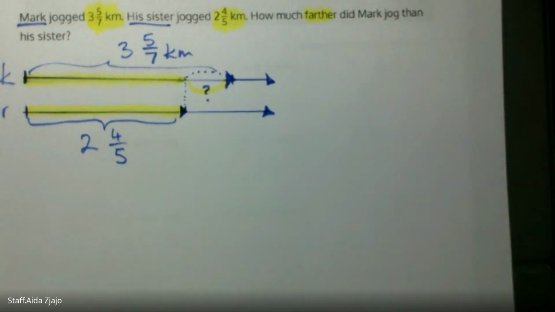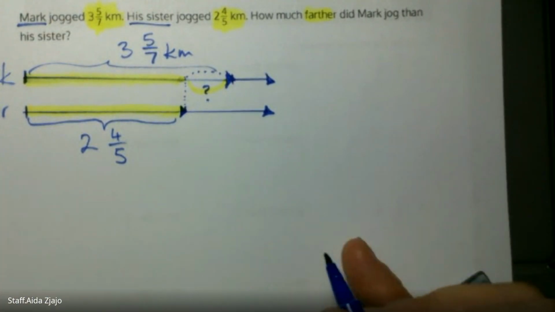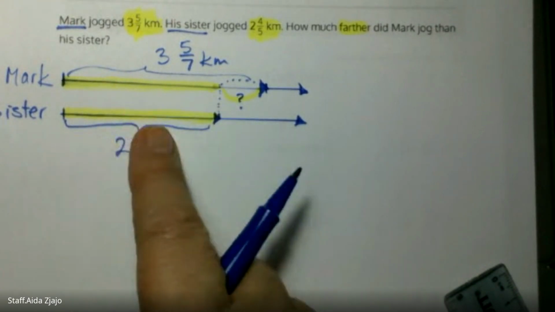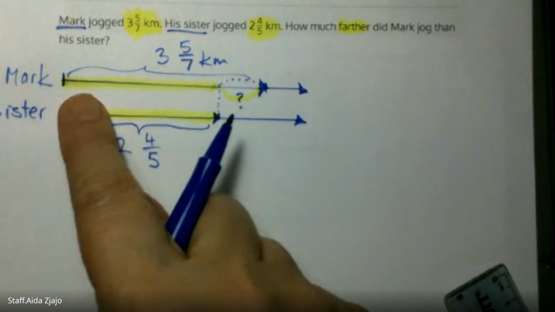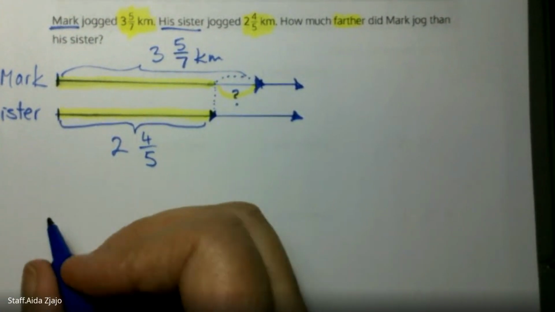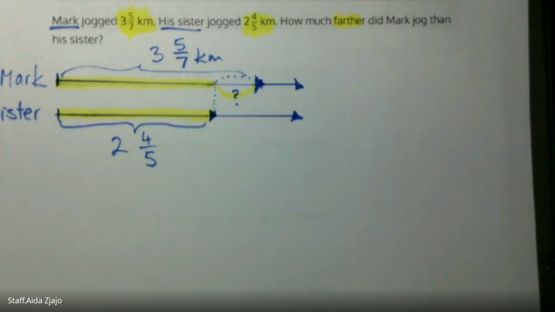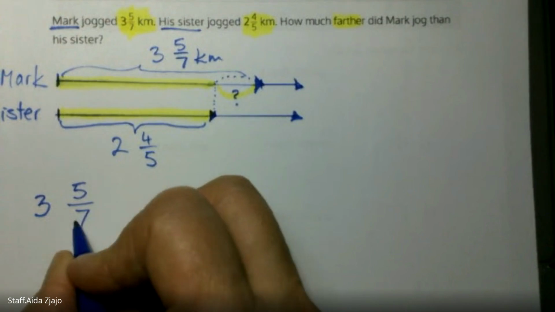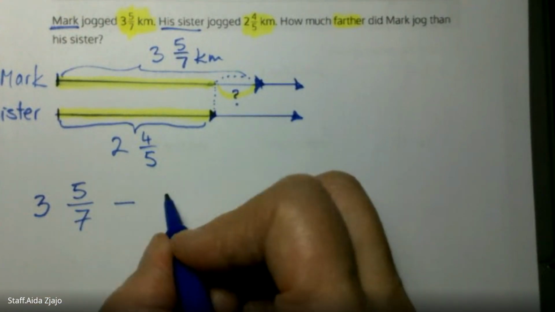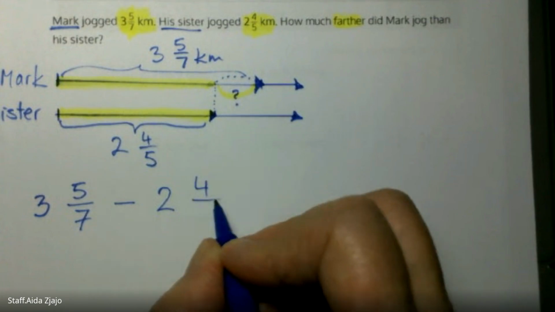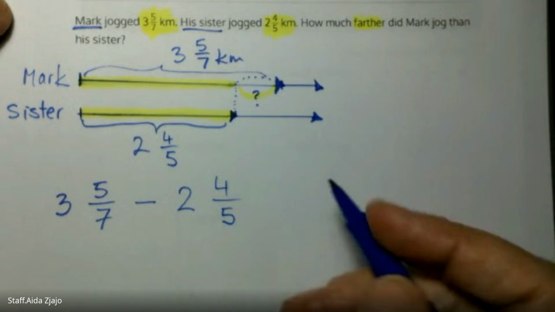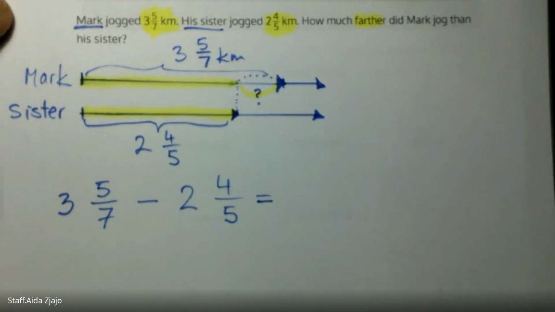We can do subtraction, difference. If we subtract the smaller piece from the bigger piece, we will find it. So 3 5/7 minus 2 4/5.